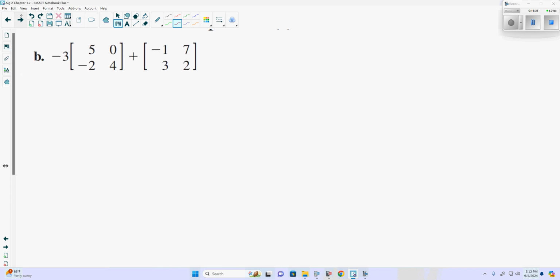Whenever we do this, the first thing we're going to do is the scalars. So we're going to multiply this first matrix by negative 3. So we'd have negative 3 times 5, negative 3 times 0, negative 3 times 2, and negative 3 times 4.